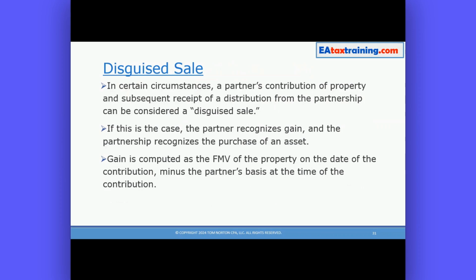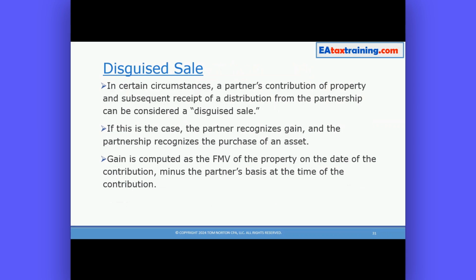So you didn't actually contribute the building to the partnership. You are actually selling the building to the partnership. You were just trying to make it look like a contribution. That's what they're saying. It's a disguised sale. So if that happens, the partner has to recognize the gain just as if they had sold it. And then the partnership recognizes the purchase of an asset.